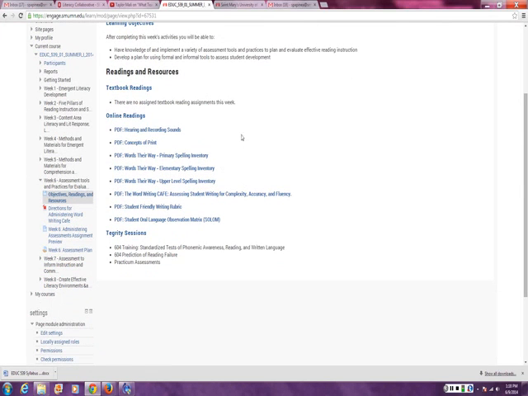I'll actually go over each one of them. They are different assessments that you give. The first one is hearing and recording sounds. For this assessment, you're going to read a sentence to the student, and they're going to write that sentence as best as they possibly can. This is a very emergent assessment and skill for students.